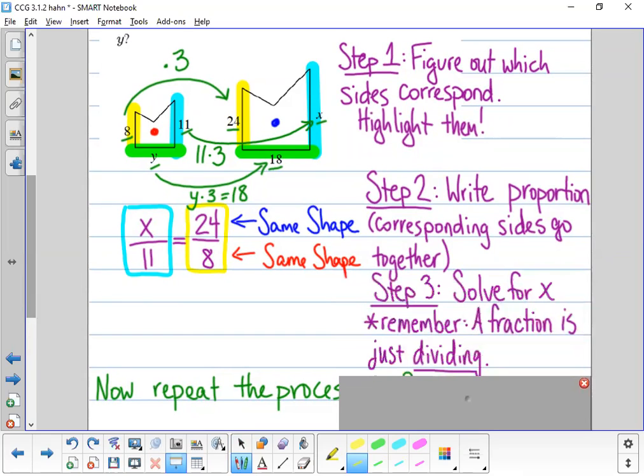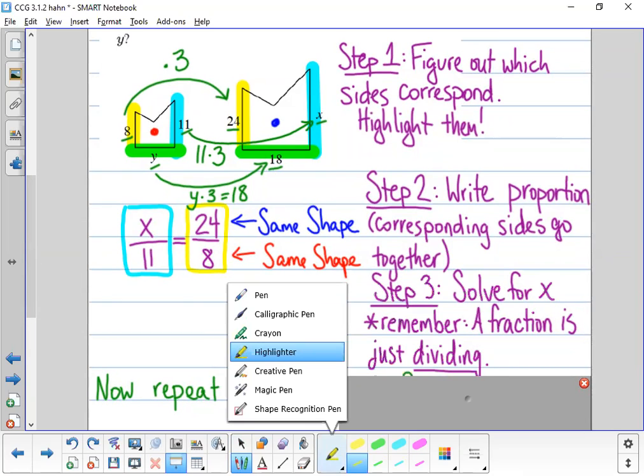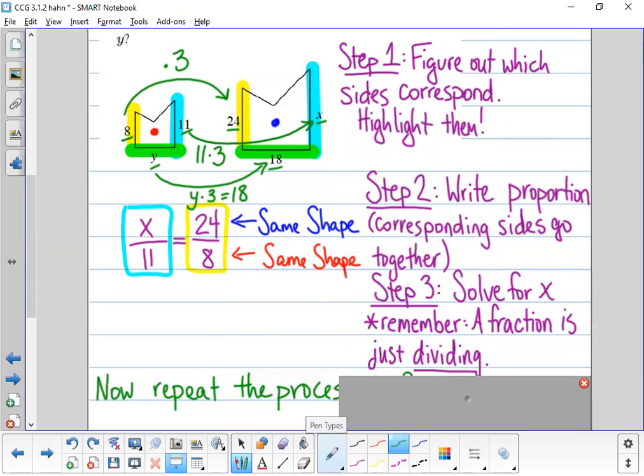All right, step 3, solve for X. And here's a reminder for you guys. When you are solving and you have a fraction, it's just dividing. It's just division. So if I want to get rid of dividing by 11, I can do that by multiplying, because multiplying undoes dividing.